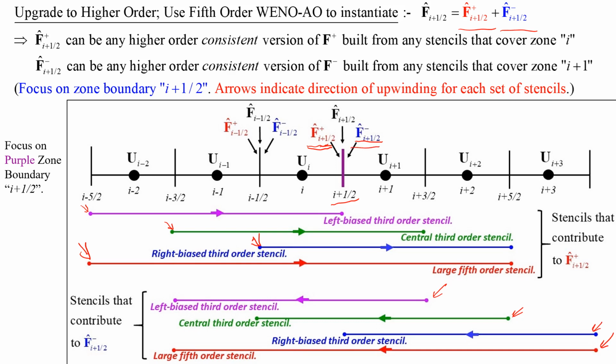You put those two fluxes together and you have a very high order accurate representation of the flux at the zone boundary I plus a half, and you put that together in your finite difference approximation and you get a good scheme.